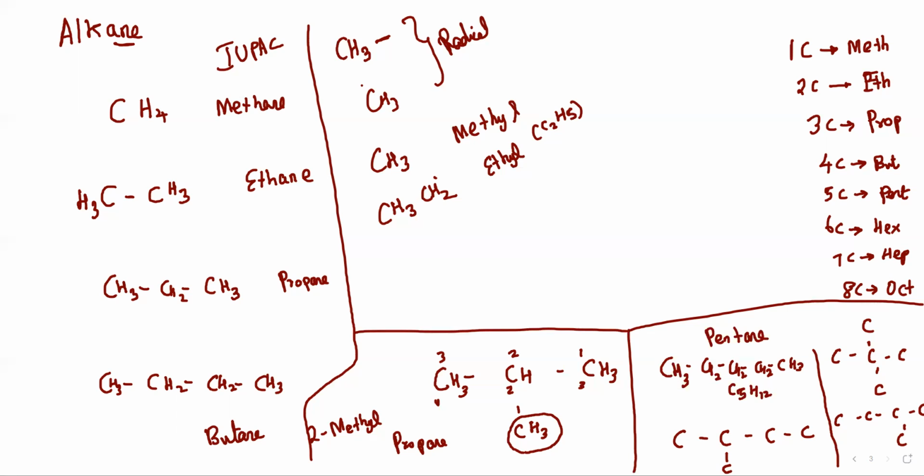This is C4H10, butane. This is C3H8. This is C2H6. And if you want to write the structure for this one, tell me how many hydrogens are required one by one.